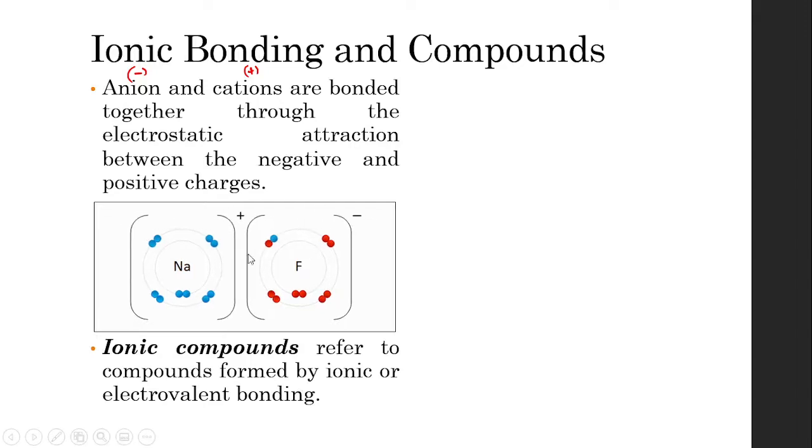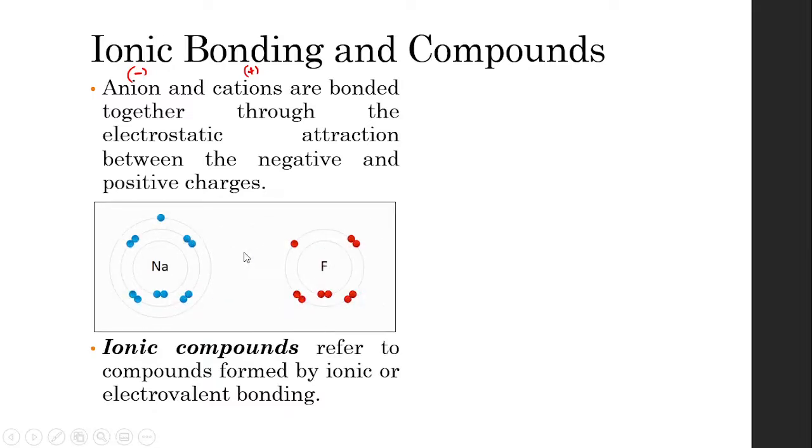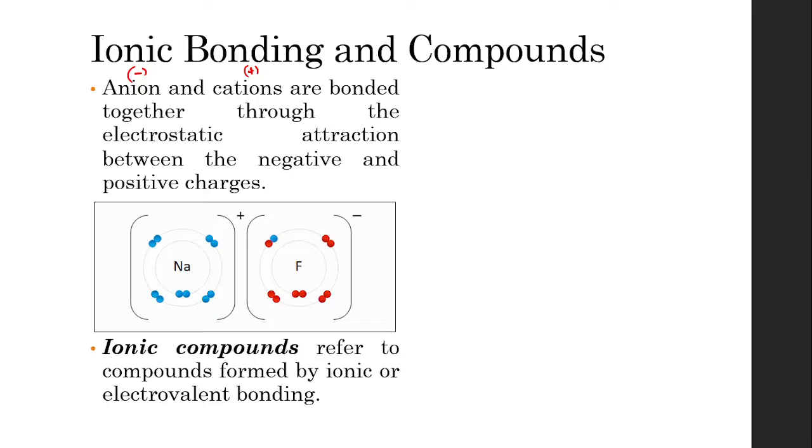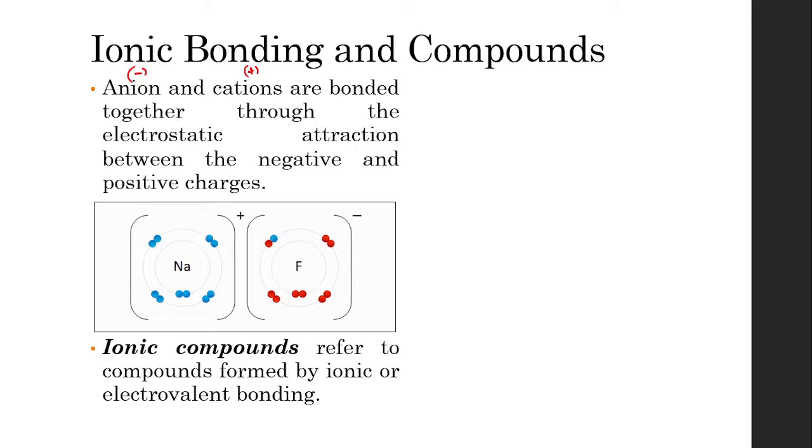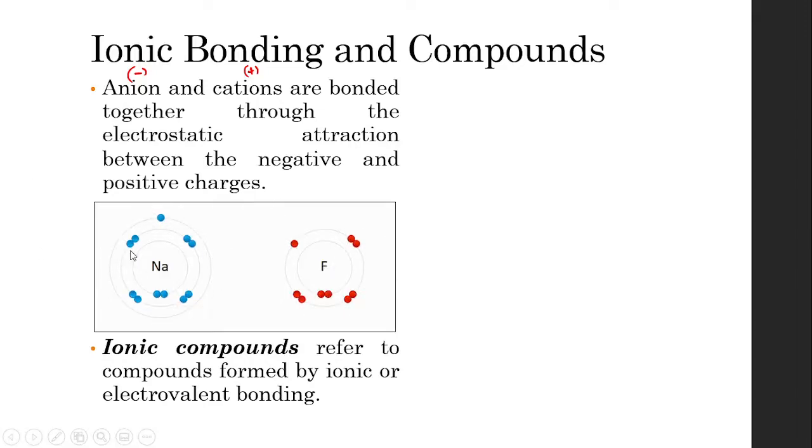Another thing is that because of this electrostatic bonding, ionic compounds become very good insulators when they are solid. When we talk about insulators, the travel of electrons, or basically electricity, is not good. They're not good materials to be used if we want electrons to travel very fast.